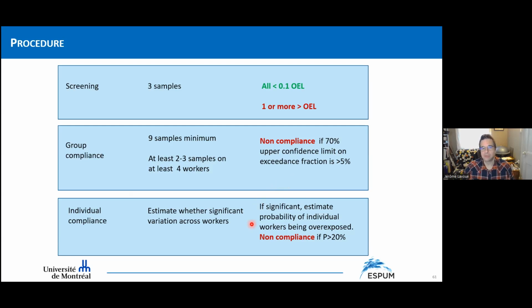And then we need to test whether some workers might be at risk. And there, the group made an arbitrary cutoff. So if the risk of a particular worker to be overexposed, or another way to phrase it, the proportion of workers that would be overexposed is above 20%, then that would be non-compliance.